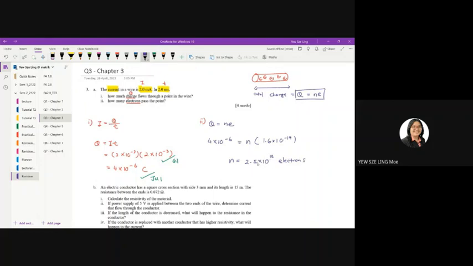In this question, if you got the substitution correct, you get 1 mark. And then if you got the value with the unit, you get another 1 mark. You cannot just leave it as a value without any unit, otherwise the examiner won't know what the meaning of this N is.